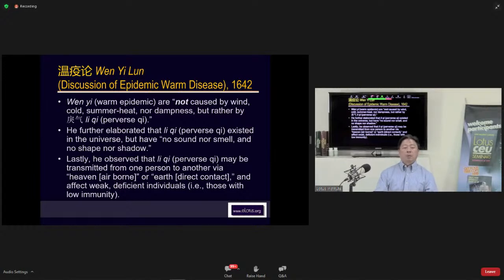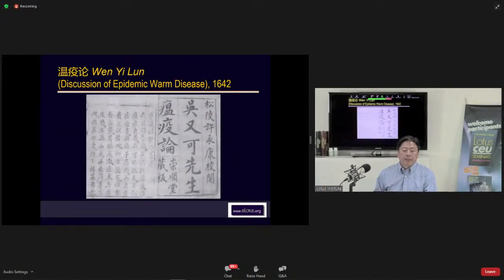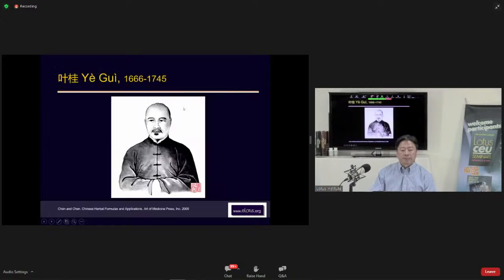So in a way, you can describe him as the early father of Chinese infectious disease and also immunology, because he recognized how the disease was caused and also who is most likely to be affected. Okay. And his finding is then written in a book called Wen Yi Lun, Discussion of Epidemic Warm Diseases. All right. And his work is then carried on by another doctor called Ye Gui, also known as Ye Tianshi.